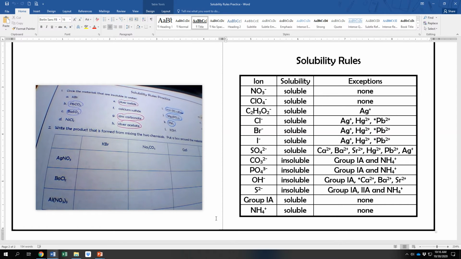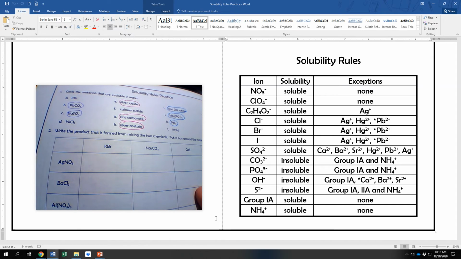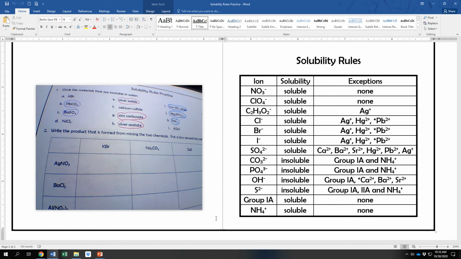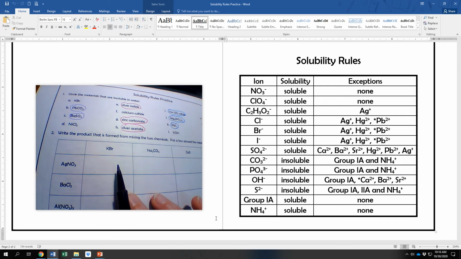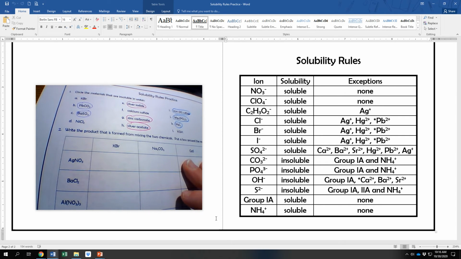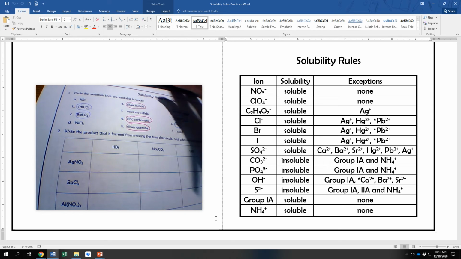So in this case, we're looking for precipitates. We're looking for solids. So we're just going to write the formulas of what the products would be and then determine which ones would be an insoluble product, which ones would be the precipitate.